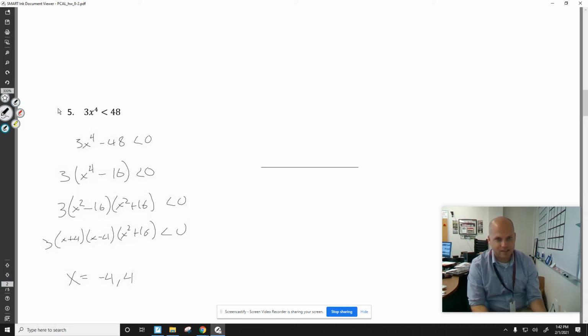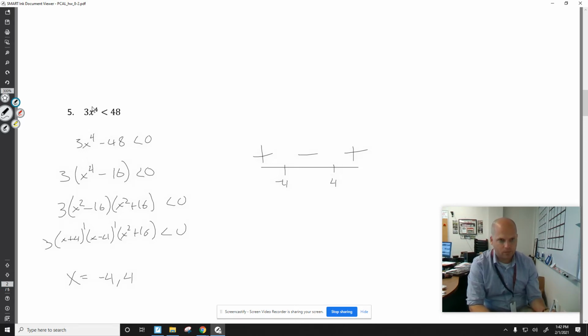Now, it's easier with a number line than here, though you could do it. You could do it right here if you just divide by 3. I'll show you this. Okay. Now, again, use a test point. This multiplicity is 1, this multiplicity is 1, so it's going to pass through those two zeros. So plug in 5, positive, positive, positive, positive, pass through, pass through.